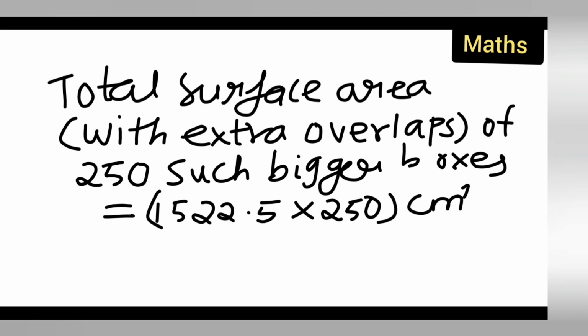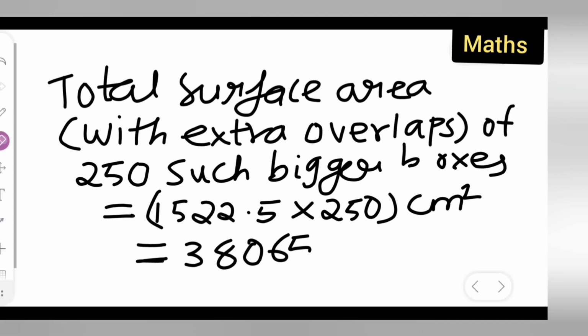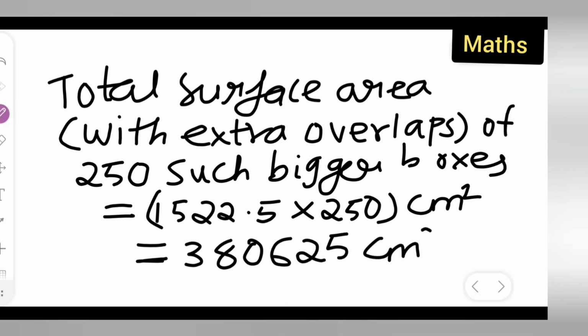Write it outside the bracket. Okay, so if you multiply this, what answer you are going to get? 380625, it is, right? centimeter square.